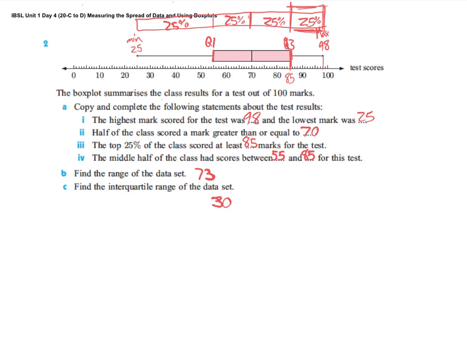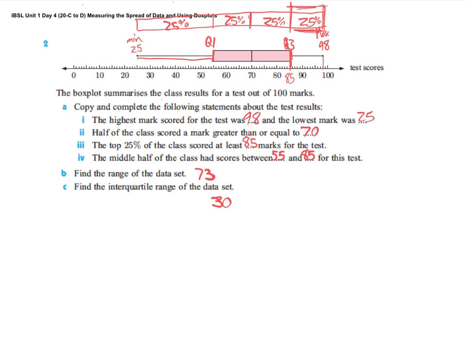The person who scored really badly. Yeah, this range down here, this bottom 25% was spread out a lot more. So that increased our overall range, but our interquartile range was smaller because that middle 50% was grouped a little bit closer together. Okay?